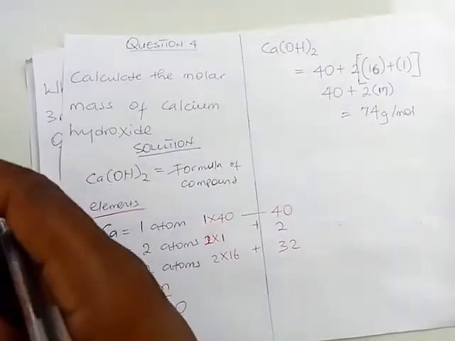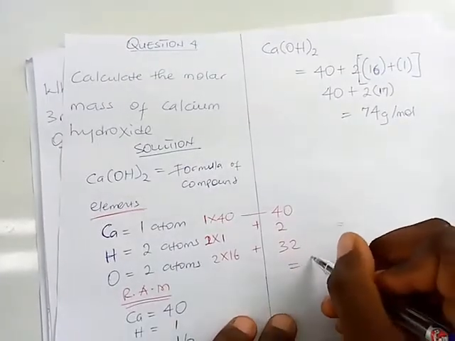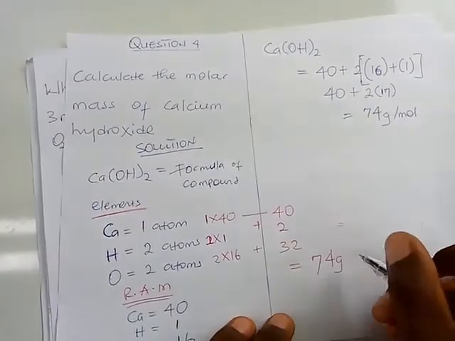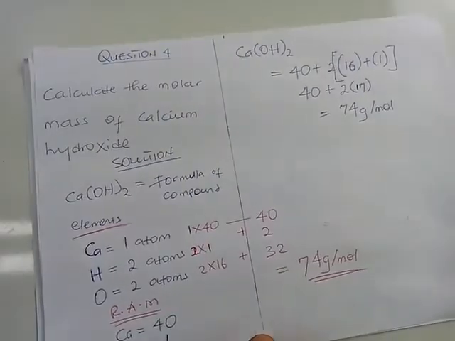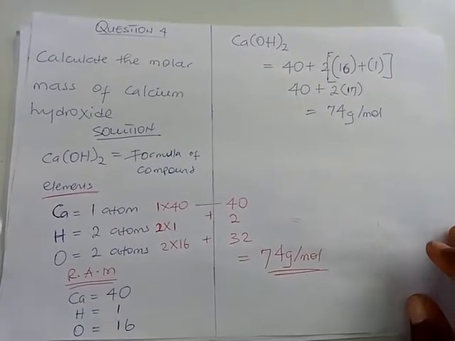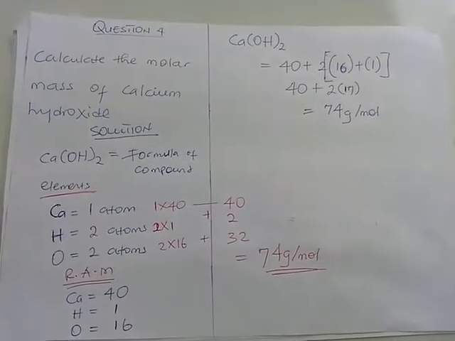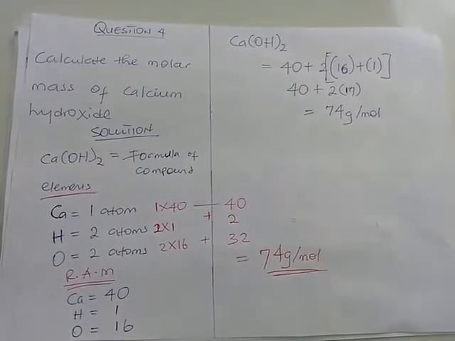So when we add both, 40 plus 2 plus 32 quickly, we still obtain 74 grams per mole. It means that 1 mole of this substance weighs exactly 74 grams. And we'll take another question.